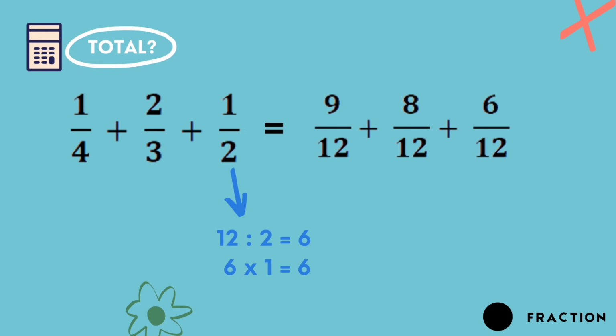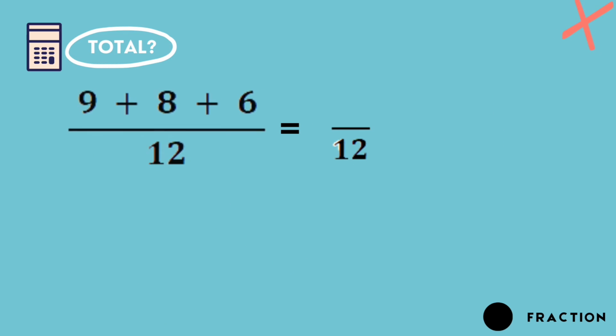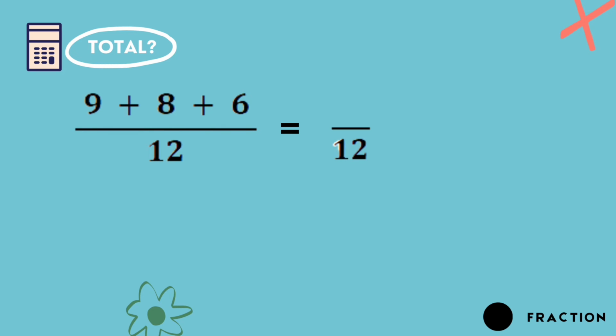After we get the same denominator and have changed the numerators, next we can total them. Because the denominator is the same, 12, we can sum the numerators. 9 plus 8 plus 6 equals 23. And the result is 23 over 12.